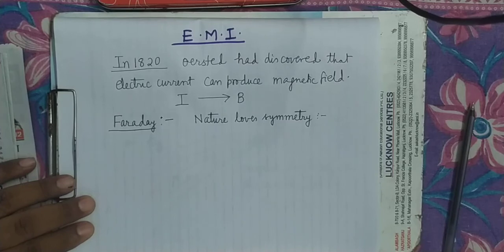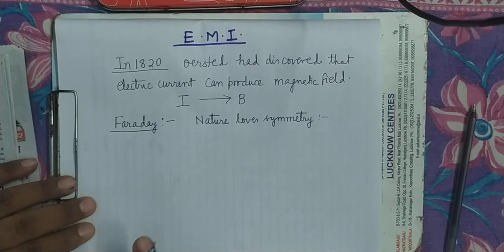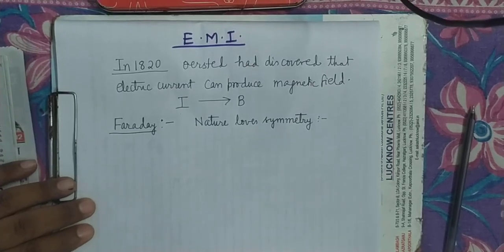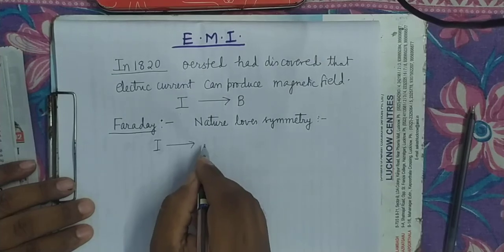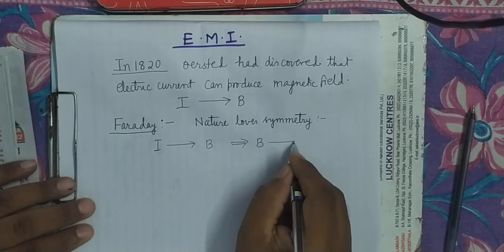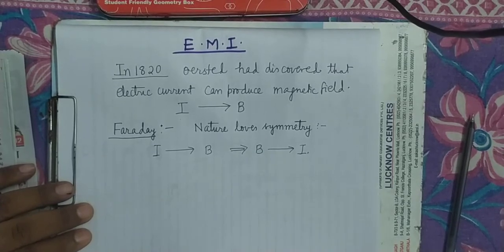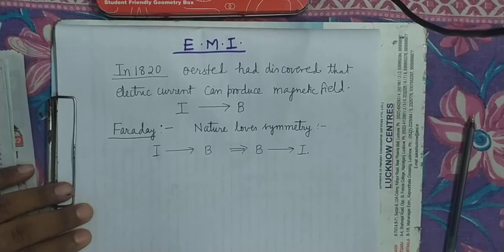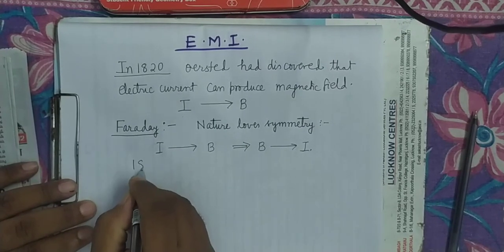He said that if electric current can produce a magnetic field, then a magnetic field can also produce electric current. Faraday told that if electric current is producing a magnetic field, therefore a magnetic field will also produce electric current. For this he performed a series of experiments for 11 years, and after performing those experiments, he got success in 1831.